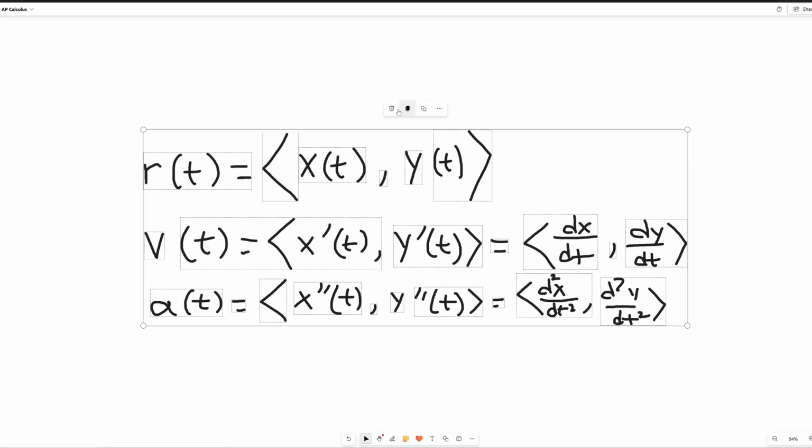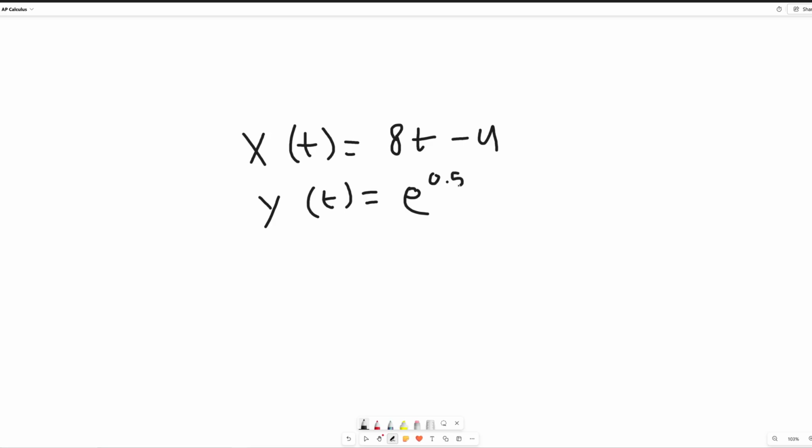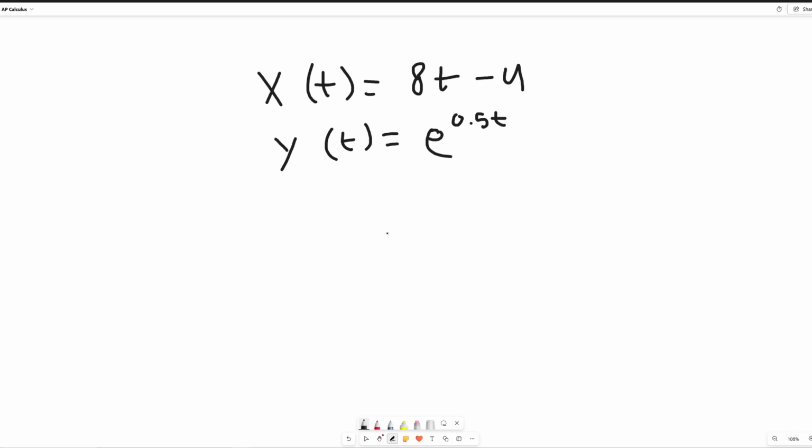if I were to give you some sort of function, I said x of t equals 8t minus 4, and then I said y of t equals e to the 0.5t, and I said that s of t is my vector valued function, and it was x of t, y of t.